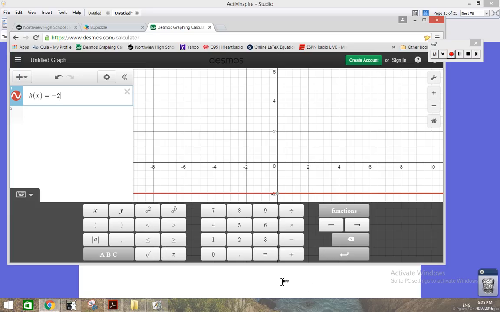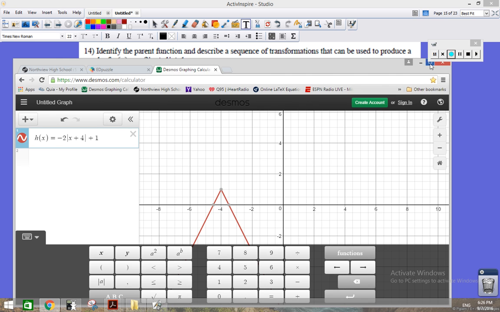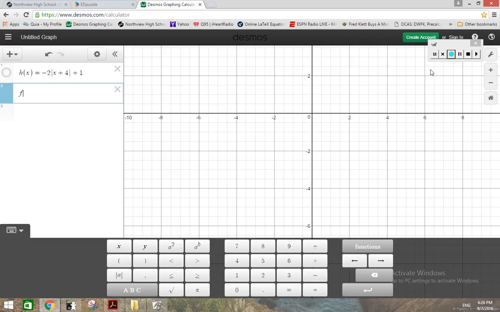I just hit shift and looked on the keyboard for a vertical line, and it recognized that I wanted absolute value. So if I knew nothing about these transformations, and you just asked me to graph this, -2 times the absolute value of the quantity x plus 4, plus 1, well, that would be my answer. That would be my graph. Let's see if I can, through a series of transformations, start with the absolute value and build up to that.